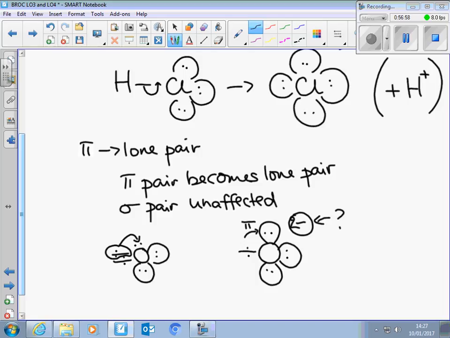The other option, the lone pair into a pi pair, is basically it going back the other way. So that's that way, and then that way would be lone to pi. But what I've drawn on there is very messy and doesn't make a lot of sense, so let's not dwell on those too much.